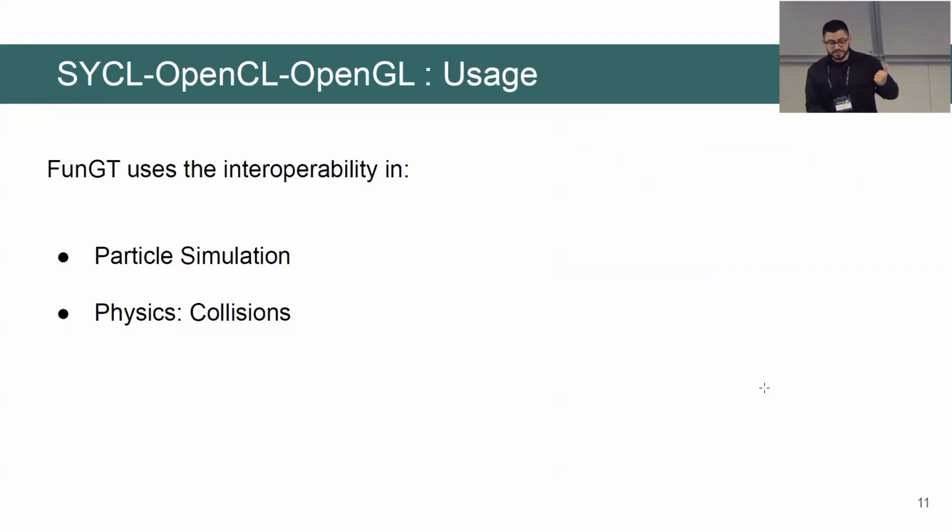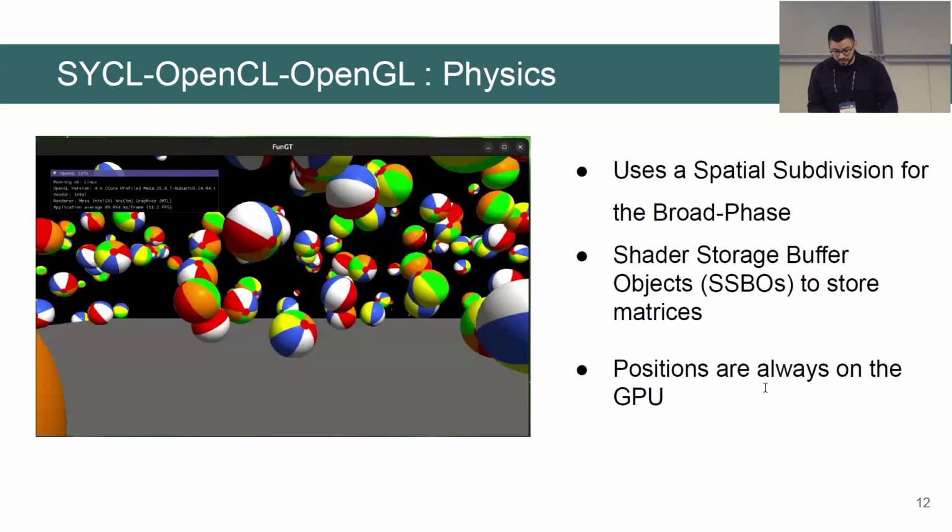FunGT uses this for two things: particle simulation and physics collisions. I'm not going to explain a lot of the physics part, but the physics uses spatial subdivision for the broad phase. This means the objects are in a grid, and then I sort the objects using radix sort. It also uses shader storage buffer objects to store the matrices.